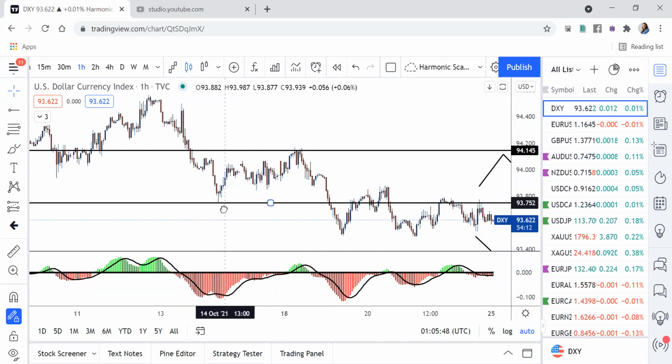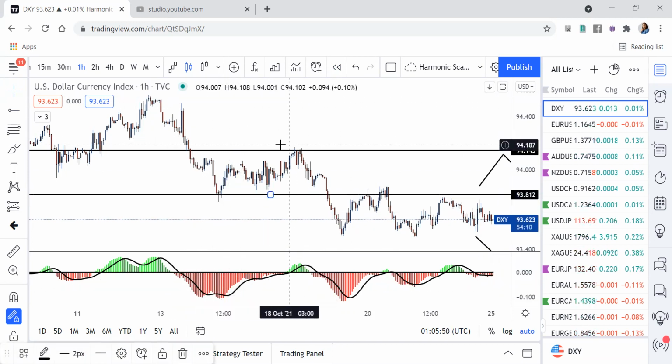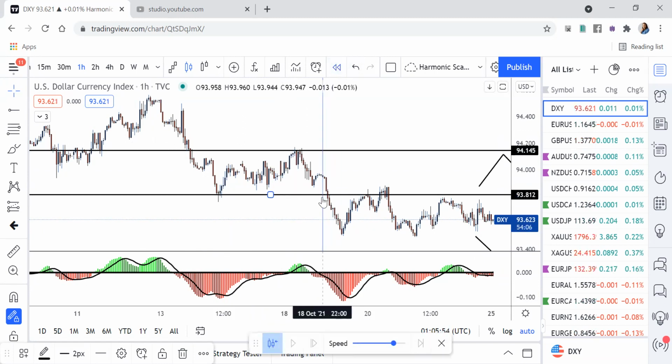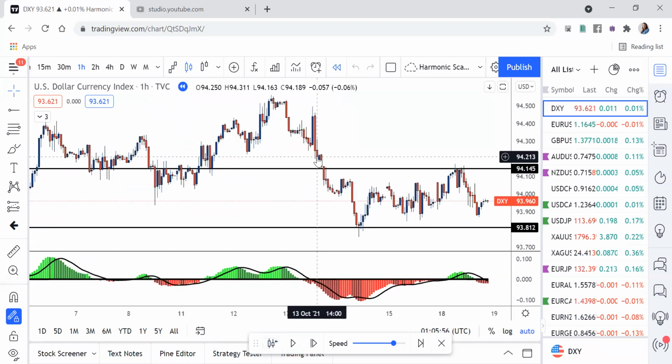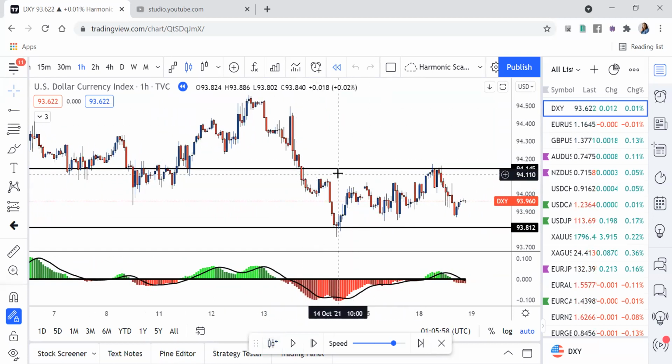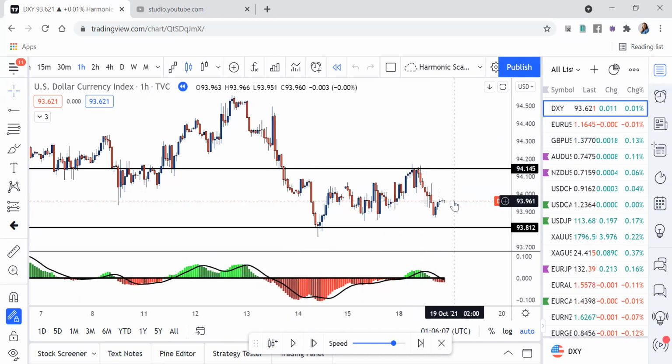Because we would have gone in when price came back up and tested our structure, we had a break and retest, look to sell.